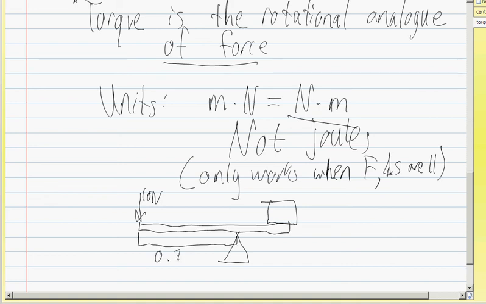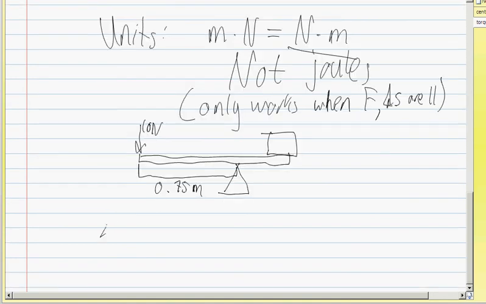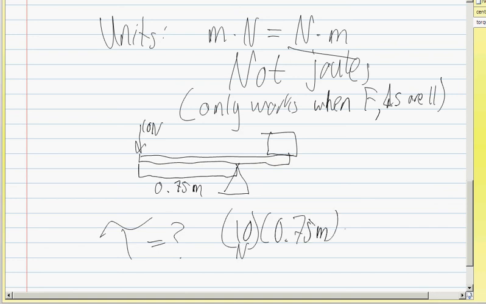This is point, we'll make it 0.75 meters. What's the torque put into it? Well, that's actually pretty easy. That's just going to be 10 times 0.75 meters, which is going to be 7.5 Newton meters.